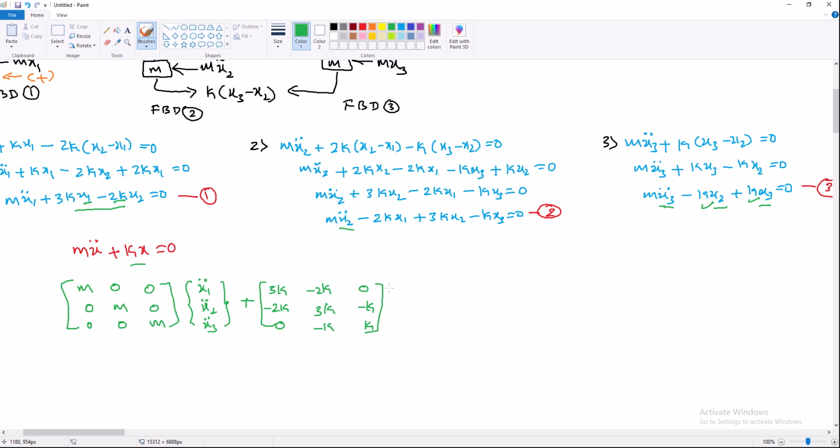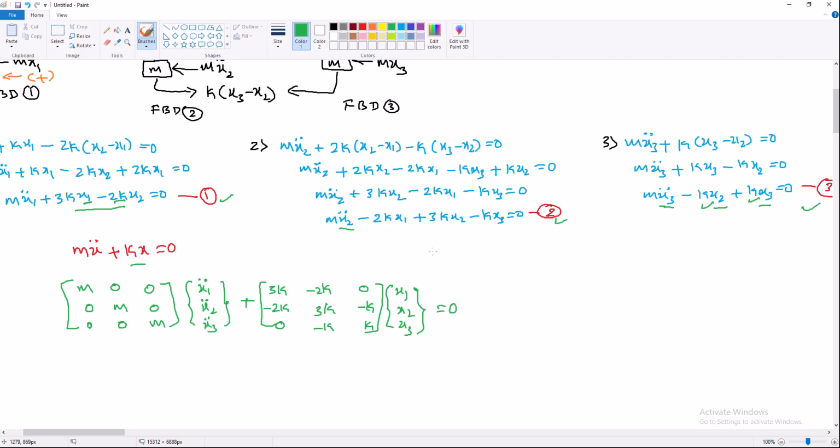Now I would like to write the displacement matrix, that is x1, x2 and x3. If I write these equations in matrix form and multiply the mass matrix with the acceleration and the stiffness matrix with the displacement, I must get equation 1, equation 2 and equation 3.